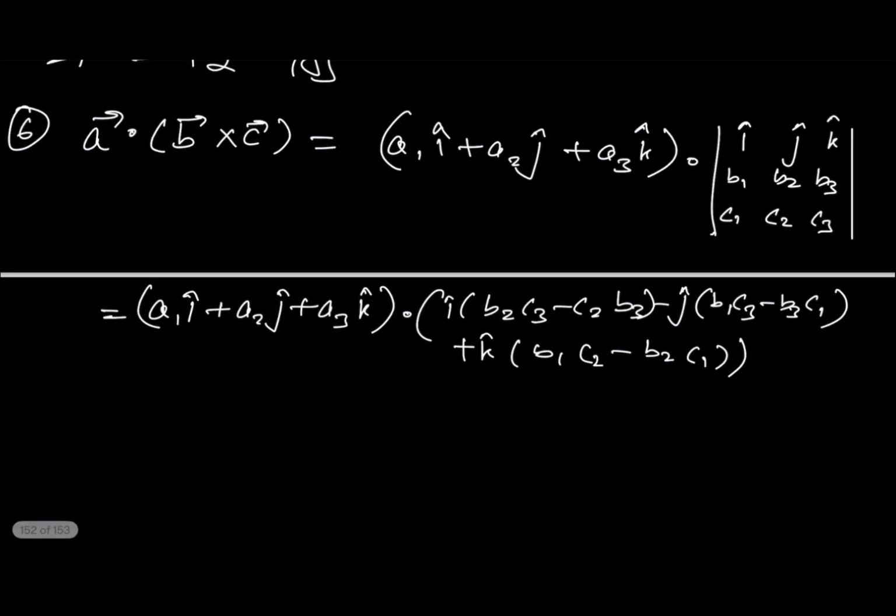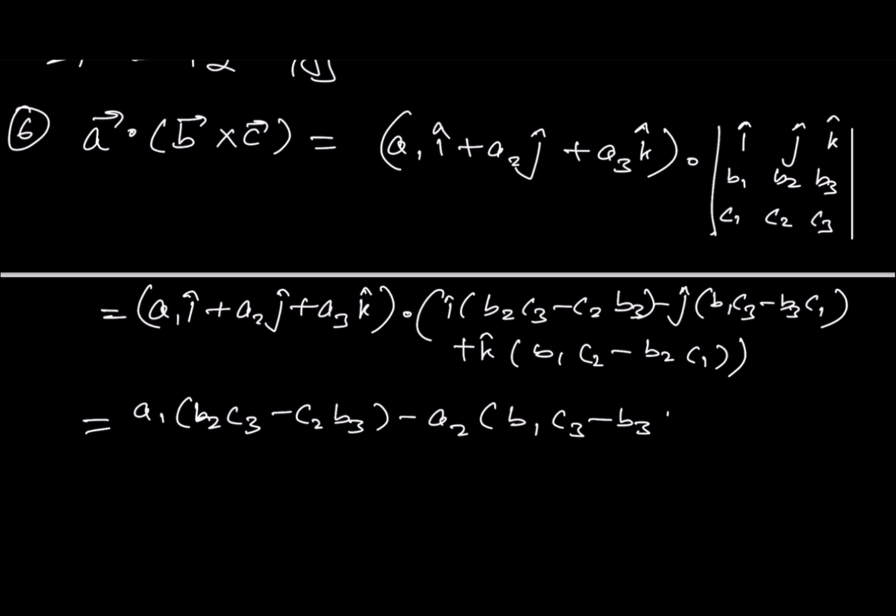After taking the dot product, it becomes A1 times (B2 C3 minus C2 B3) minus A2 times (B1 C3 minus B3 C1) plus A3 times (B1 C2 minus B2 C1).